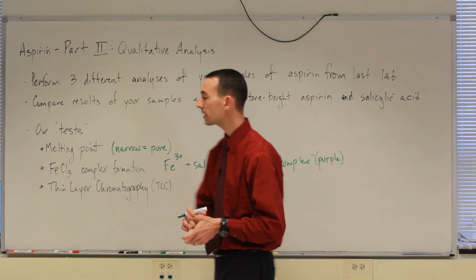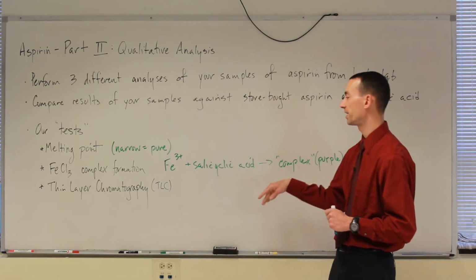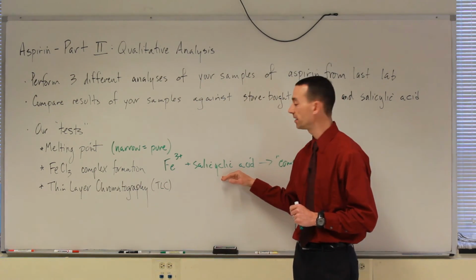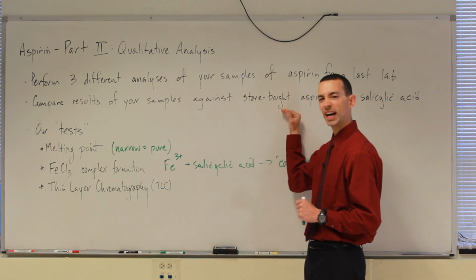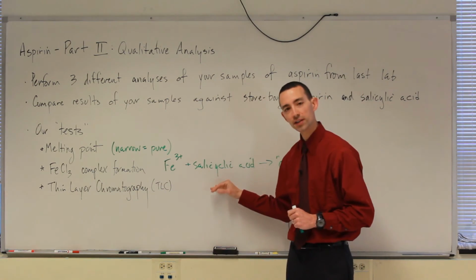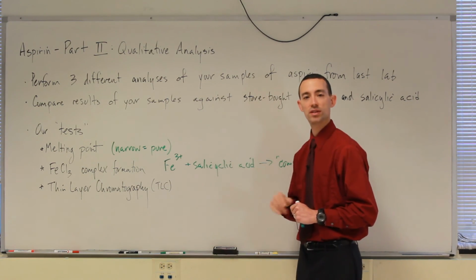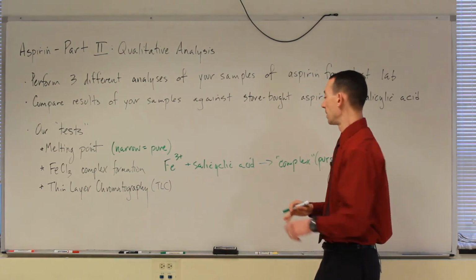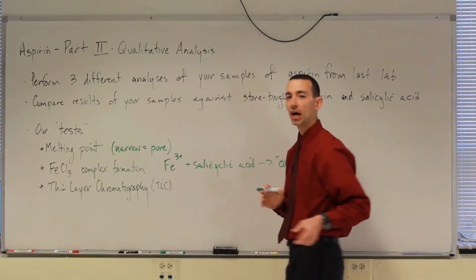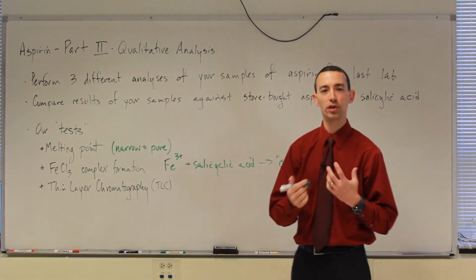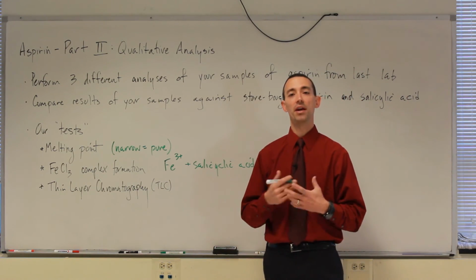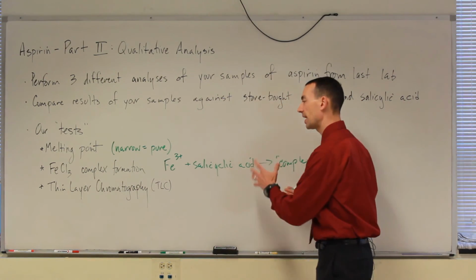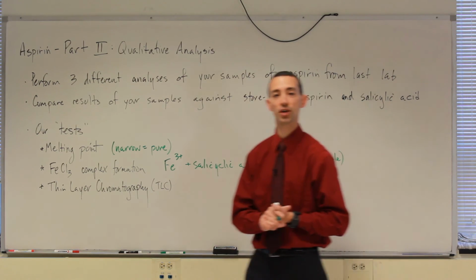All right? And so you'll test 4 things: pure salicylic acid, pure store-bought aspirin, your raw sample of aspirin, and your recrystallized sample of aspirin. Now, because these all might have different colors and you want to write down good descriptions of them, another good idea to capture that data might be to take a picture.